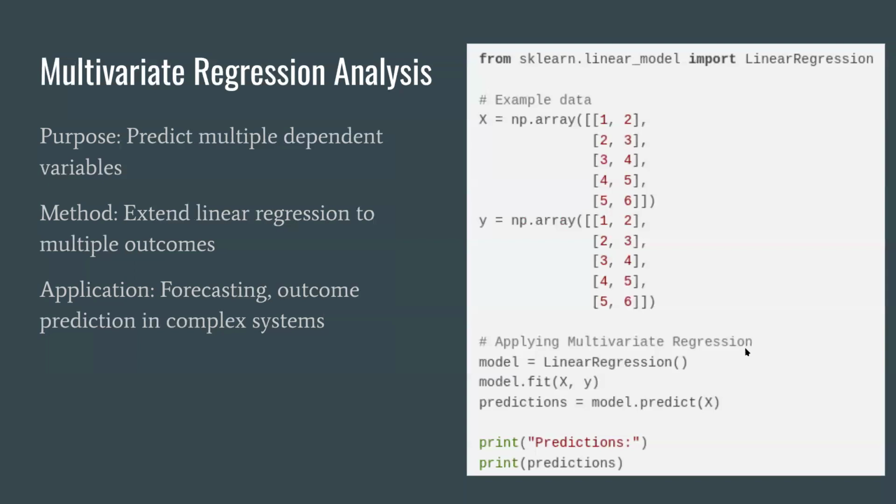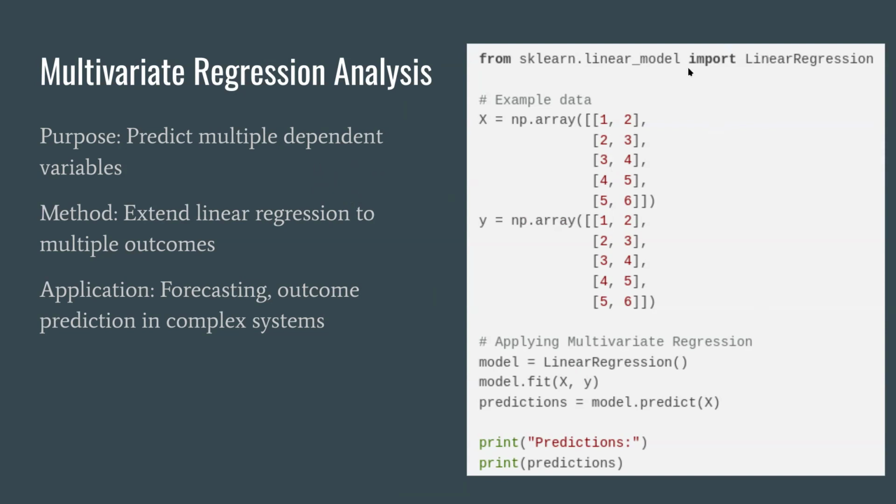So this method allows us to forecast or predict outcomes in complex systems where multiple factors influence multiple responses. It is widely used in fields like economics for forecasting economic indicators and in biology for predicting multiple biological outcomes based on genetic and environmental factors.